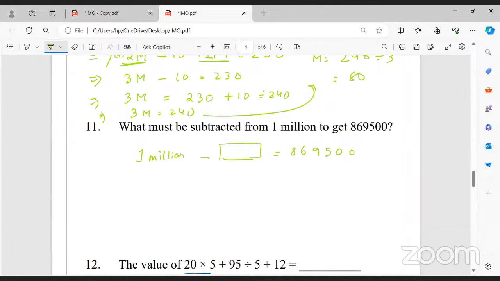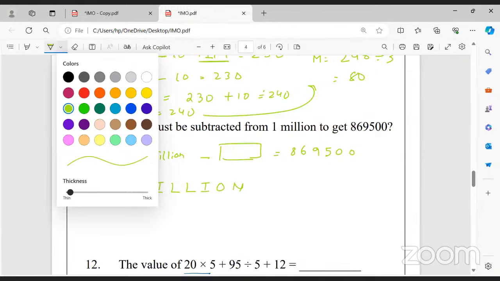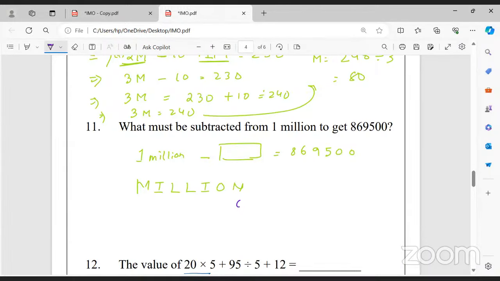Right? So 1 million means how many zeros? How many zeros? 1 million means how many zeros? Last class we taught. Do you know there is a trick also to learn the number of zeros? See, I'm writing million. And then it's 1, 2, 3, 4, 5, 6, and 1.